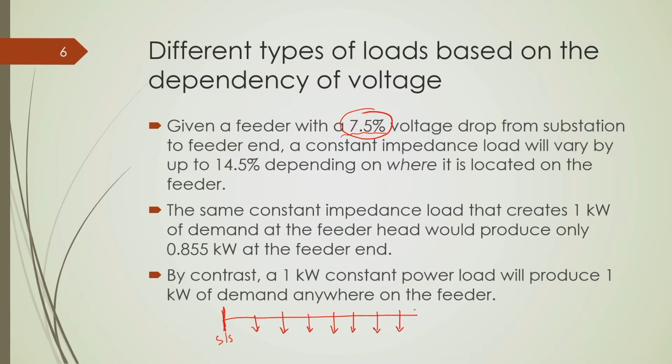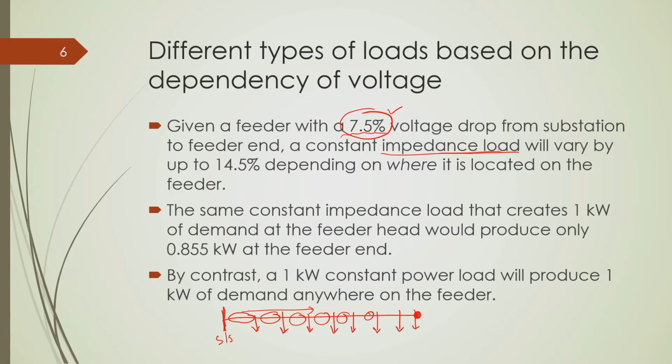As we go further away from the substation, there would be a certain amount of voltage drop due to the line impedance. Obviously, the customer located here, the farthest from the substation, will experience the highest voltage drop, and that is why the lowest voltage.